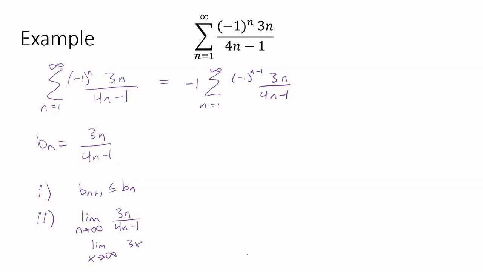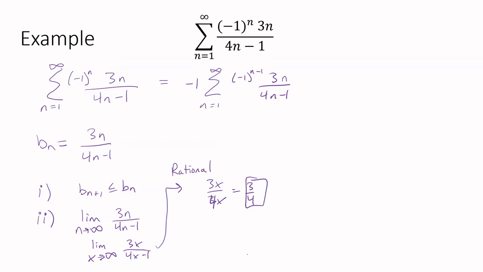I make this 3x over 4x minus 1. At this point, I could use L'Hopital's rule, or we could use facts we know from previous courses where if I have a rational function, then I just compare the highest power, top and bottom. The highest power top and bottom is 3x and 4x. Well, that's just 3/4, and that's the limit.